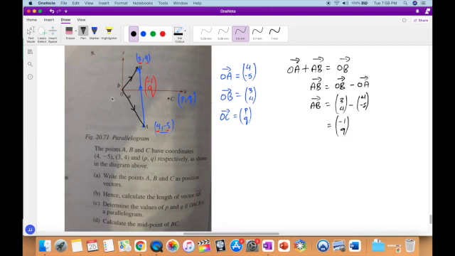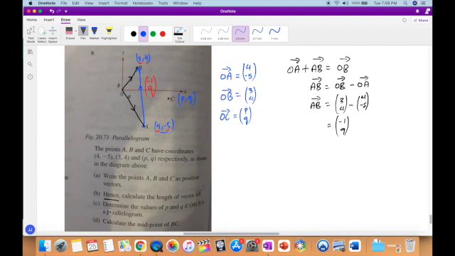I used common sense to figure out what it was, but because they have the word hence, I had to use position vectors. Remember, you could have also used a vector as a translation to translate from A to B. You would have worked it out the same way.